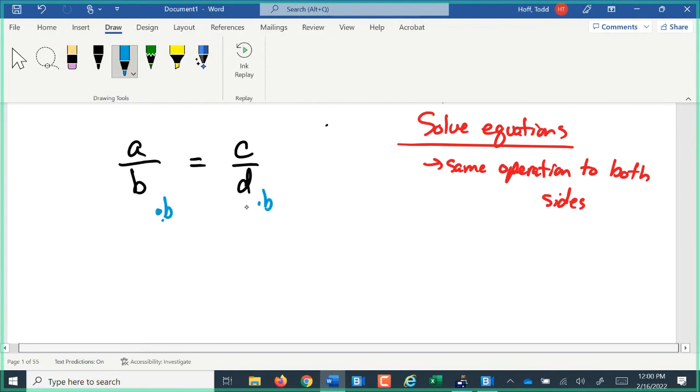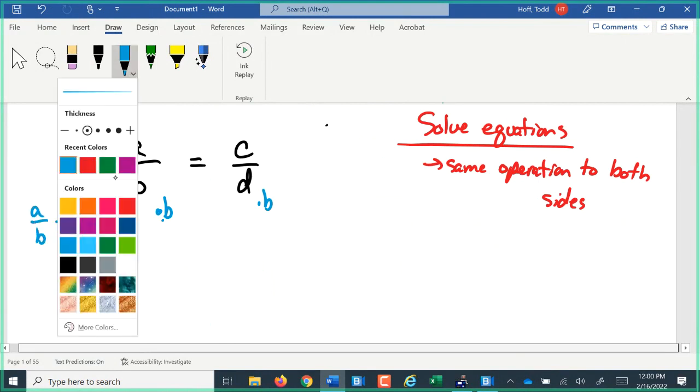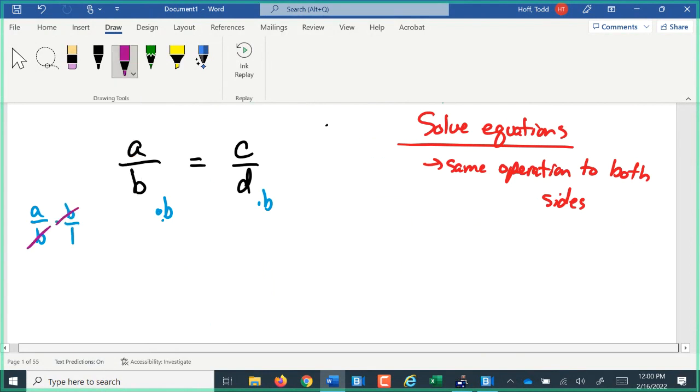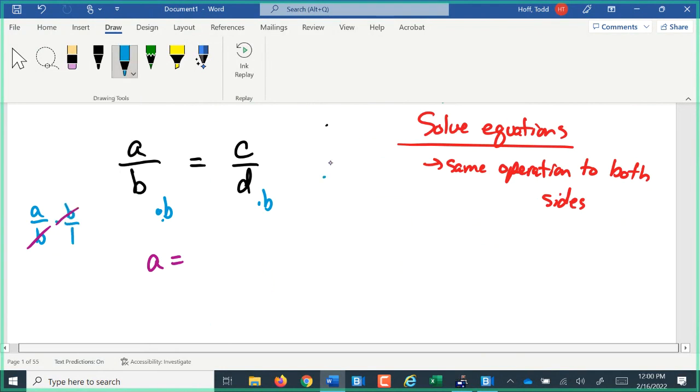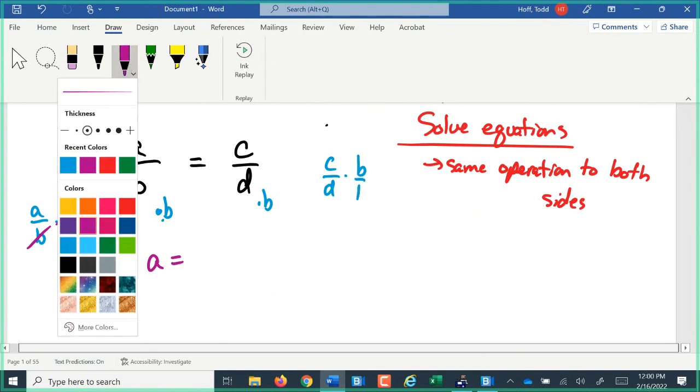On the left side, that would be a over b times b over 1, which would just cancel out the b's, leaving me with a on that left side. On the right side, I'd have c over d times b over 1. Well, that's just going to give me c times b, or cb, over d.